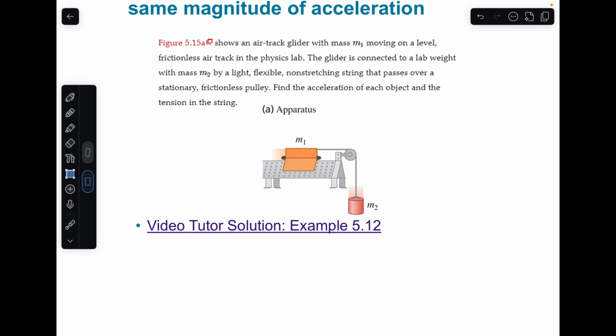And the string is light, flexible, non-stretching, which means that we're going to ignore any mass due to the string. And the non-stretching part is indicating that the distance between M1 and M2 is going to remain constant, and therefore, the acceleration of each object is going to be equal. Okay, so that's what the non-stretching part tells you.